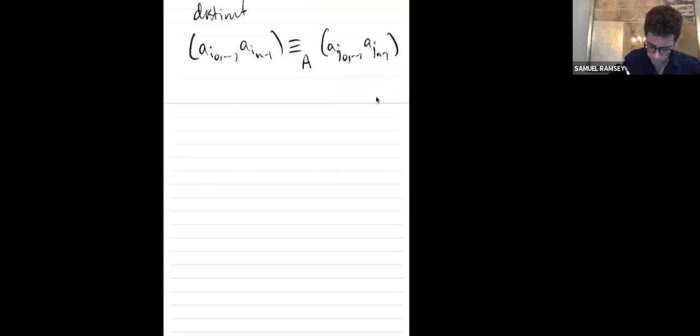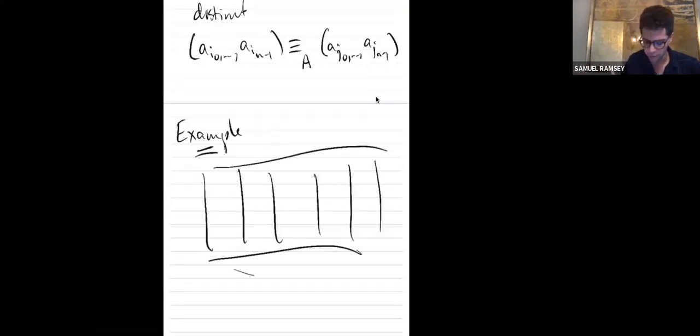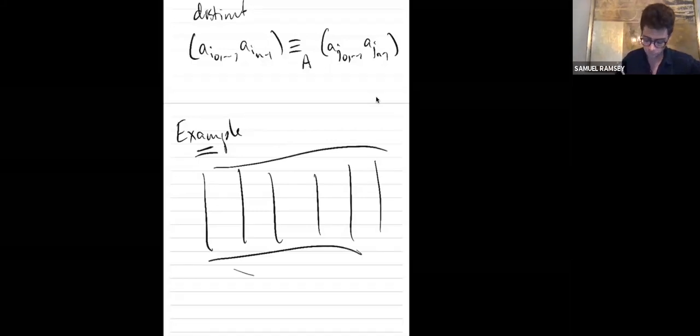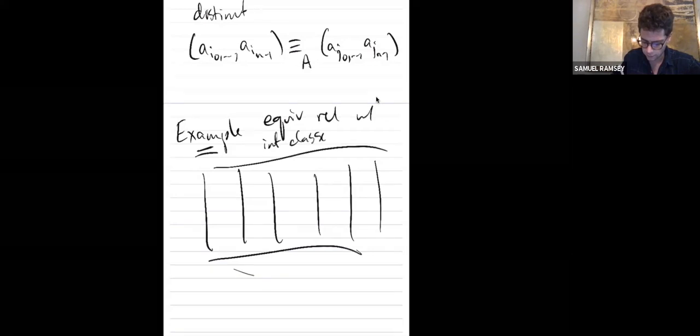So an example, we had this example on day 1, which is the theory of an equivalence relation with infinitely many classes, all infinite.